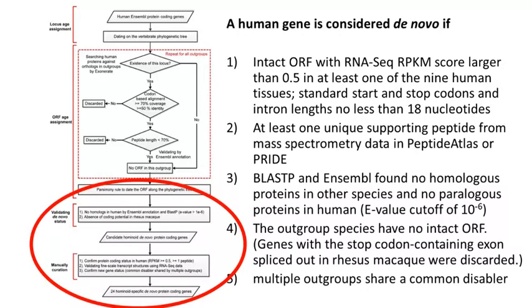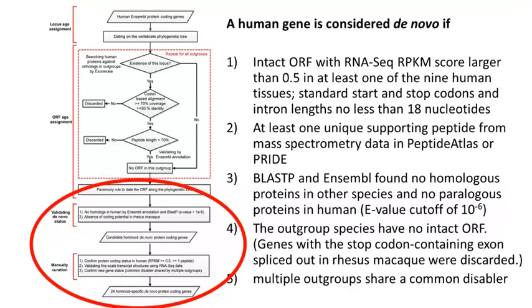Thirdly, we require that BLASTP and Ensembl found no homologous proteins in other species and no paralogous proteins in human, using an e-value cutoff of 10 to the -6. Fourthly, the outgroup species should have no intact ORF.